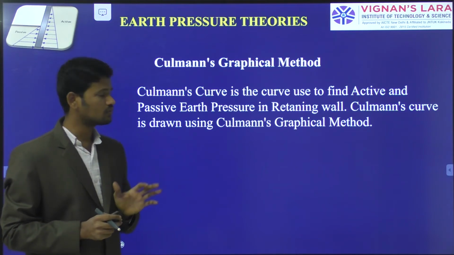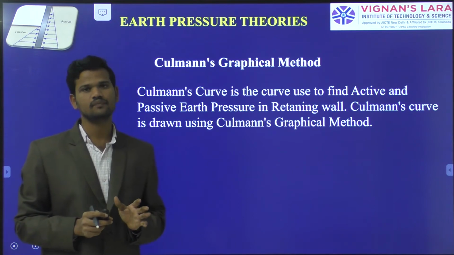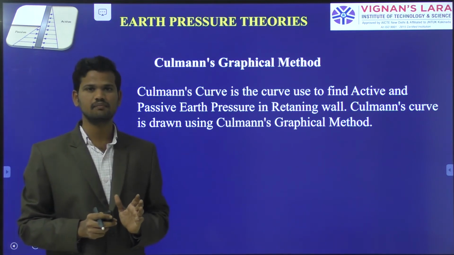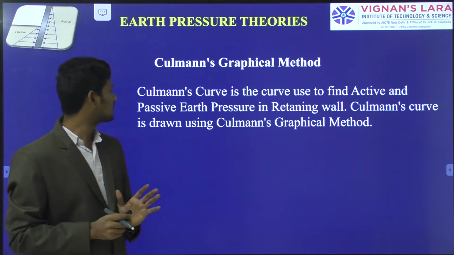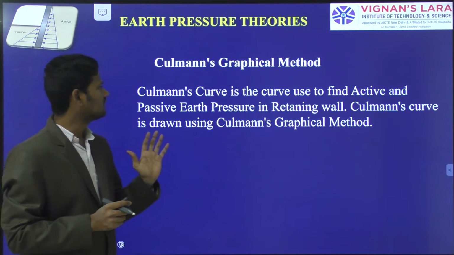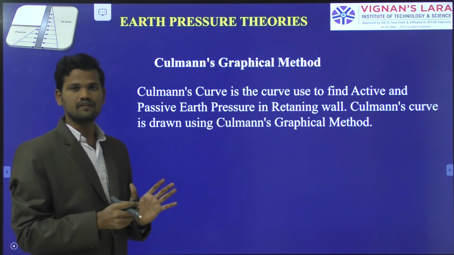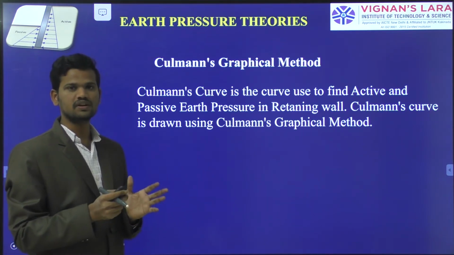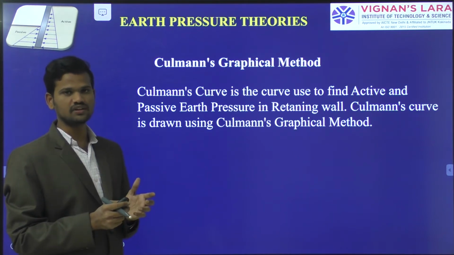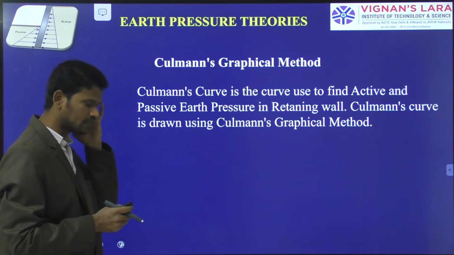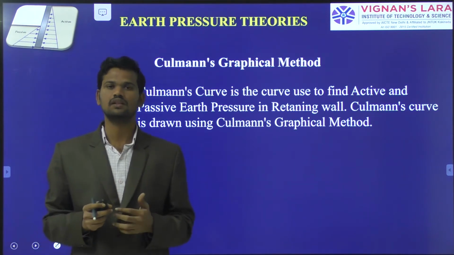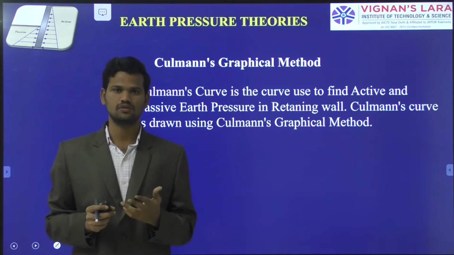In today's class we are going to discuss one more topic, that is Culman's graphical method. In Culman's graphical method, we find how the earth pressure acts by using a graphical method. This Culman's graphical method is also based on Coulomb's theory.